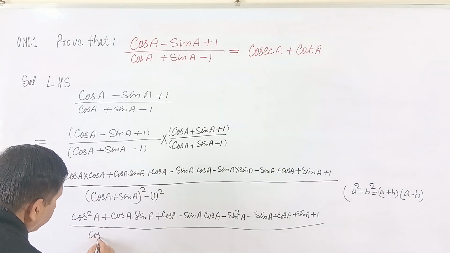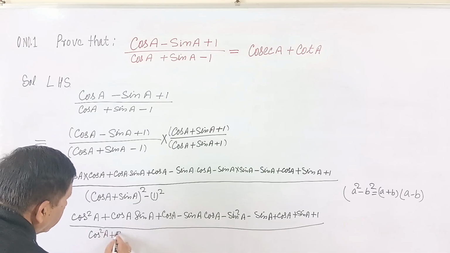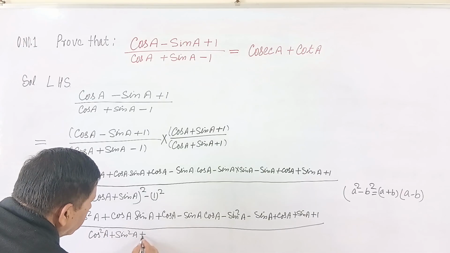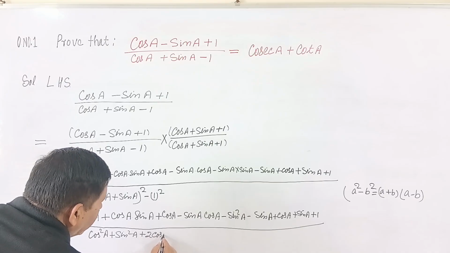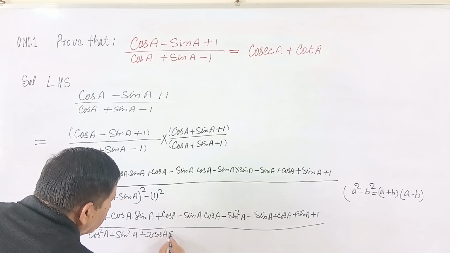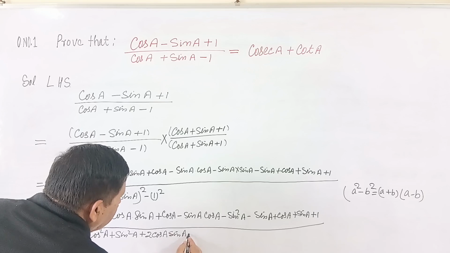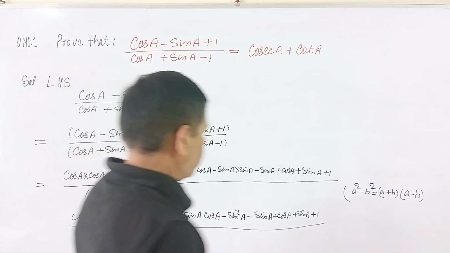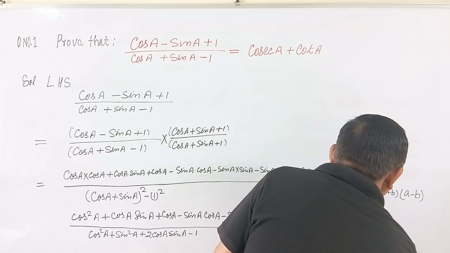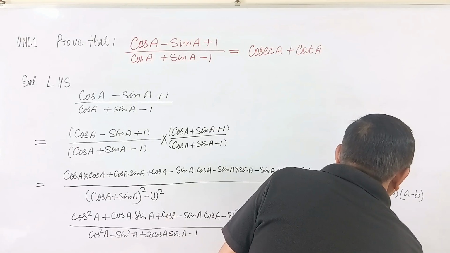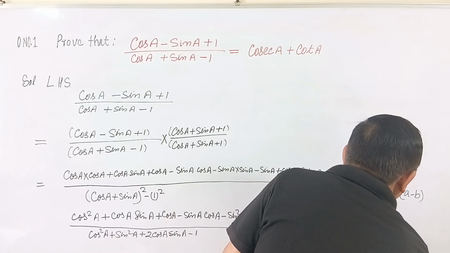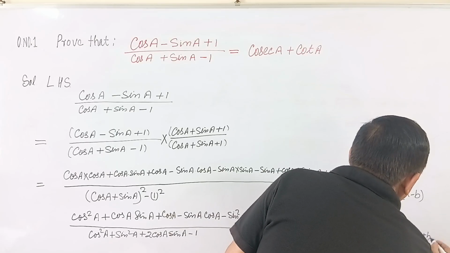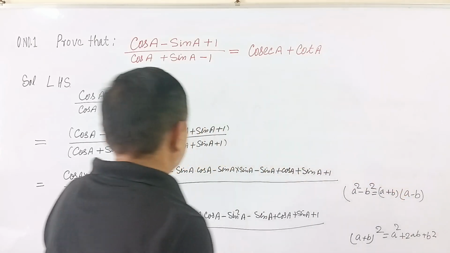So cos square A plus sin square A plus 2 cos A into sin A minus 1. Here we have used the formula (A plus B) whole square equals A square plus 2AB plus B square.